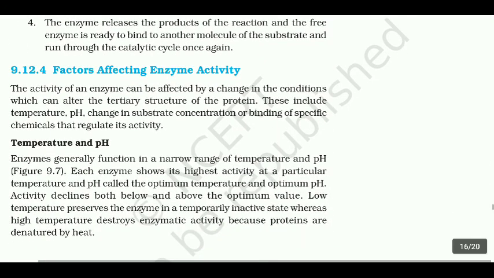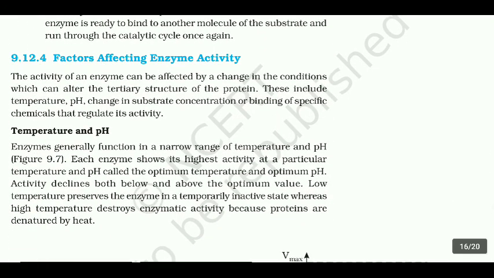9.12.4 Factors affecting enzyme activity. The activity of an enzyme can be affected by change in the conditions, which can alter the tertiary structure of the protein. These include temperature, pH, change in substrate concentration, or binding of specific chemicals that regulate its activity. Temperature and pH. Enzymes generally function in a narrow range of temperature and pH. Figure 9.7.